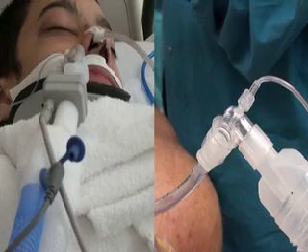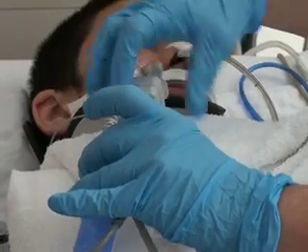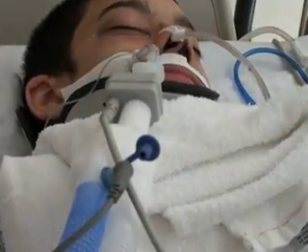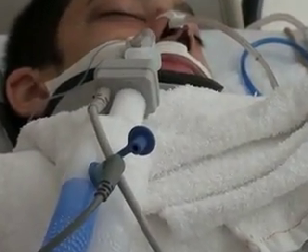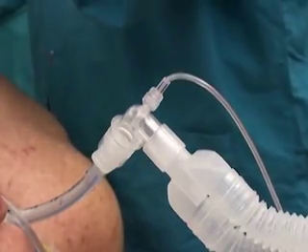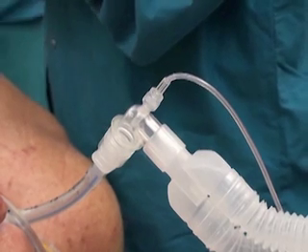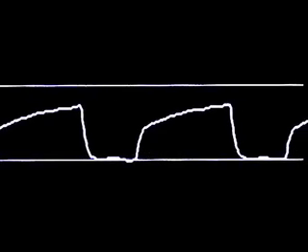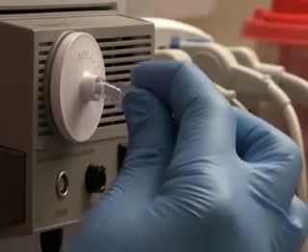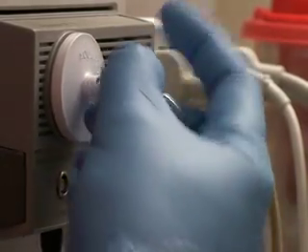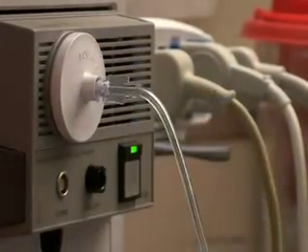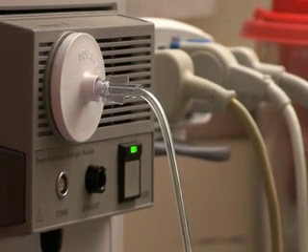There are two types of capnograph devices. Mainstream capnographs use sensors that are placed directly into the breathing circuit of a ventilator. Sidestream capnographs draw a sample of gas away from the breathing circuit to a separate gas sensor. The response of a sidestream device to changes in carbon dioxide concentration is delayed by a few seconds, since the gas must travel through the sampling line before it can be analyzed.